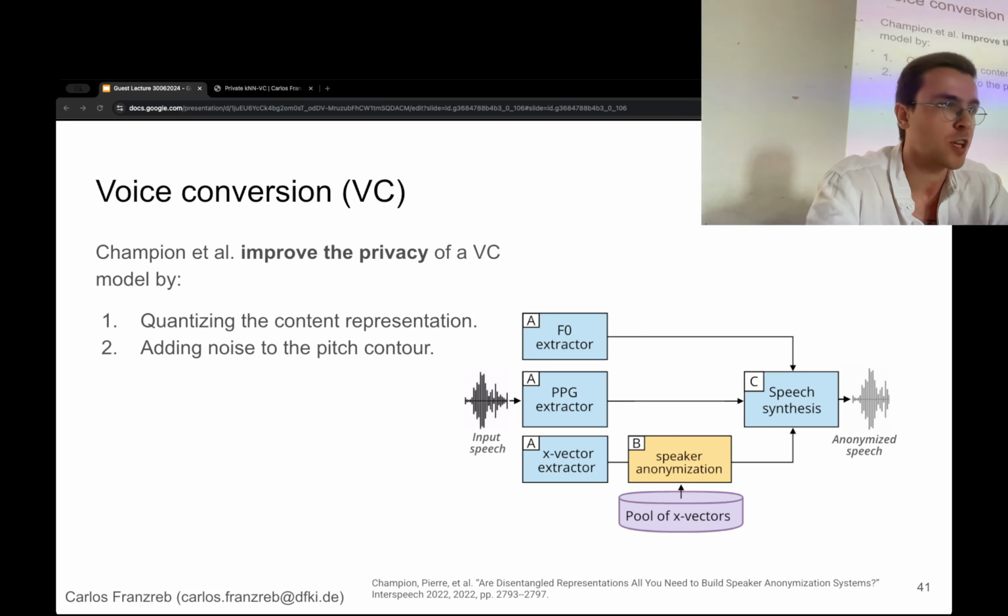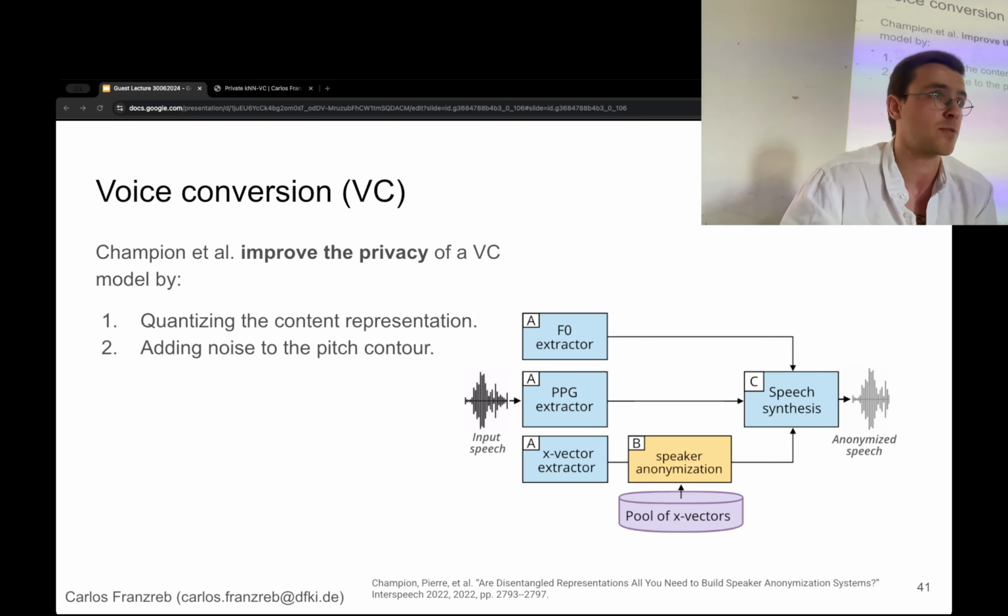They have a content representation, which is phonetically based, and they quantize it to remove speaker information. And secondly, they also extract the pitch from the signal, but anonymize it by adding some noise to it. In this way, they can effectively improve the system's privacy.